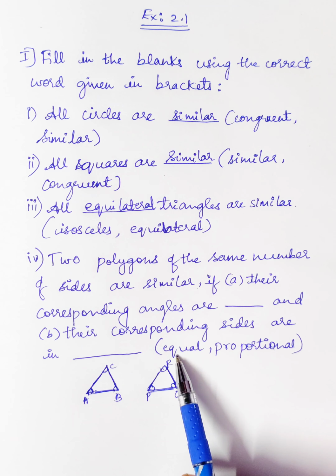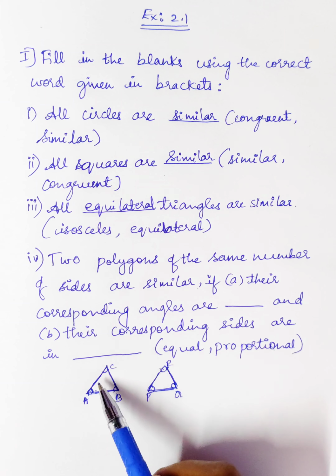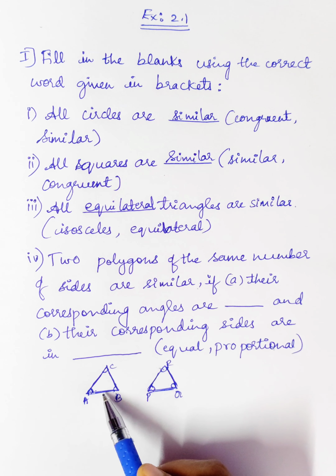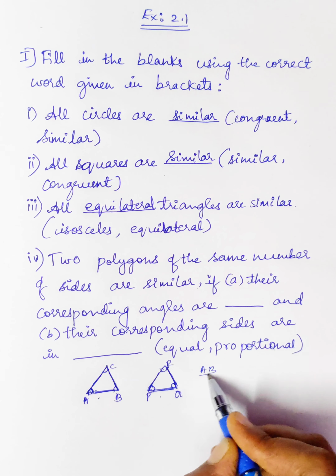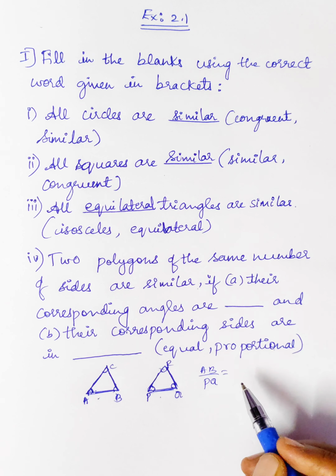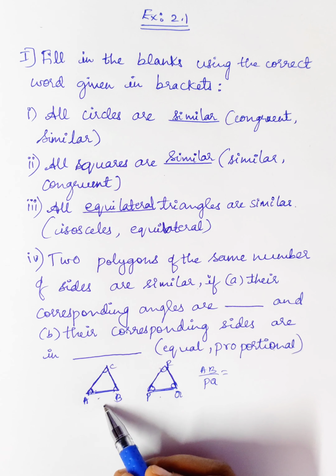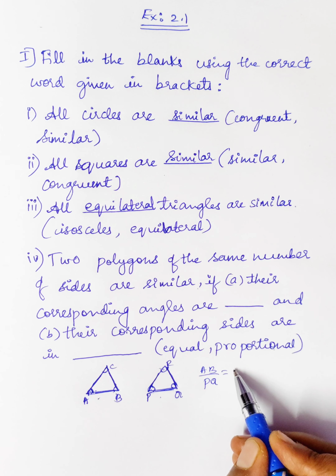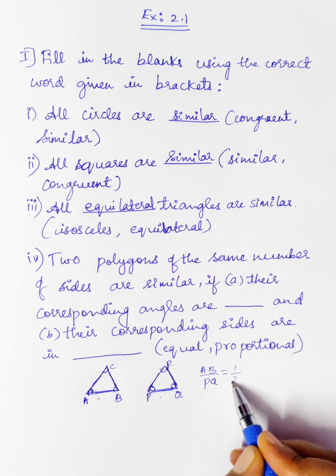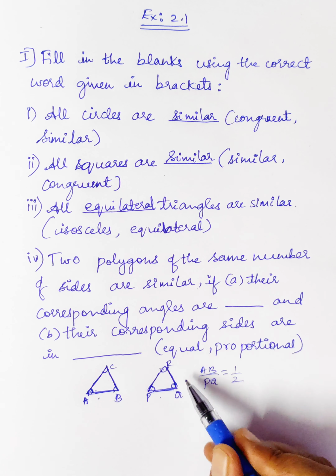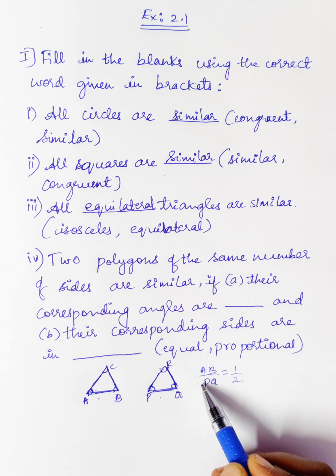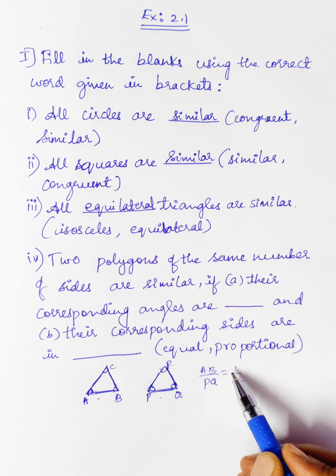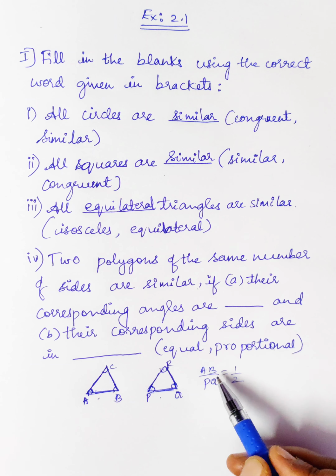Are in proportion in the sense, suppose you take the proportion of this side by this side, that means AB by PQ. Suppose you are getting this as 1 by 2. The proportion condition I am going to explain further in the next video. Before that I will explain once more here.